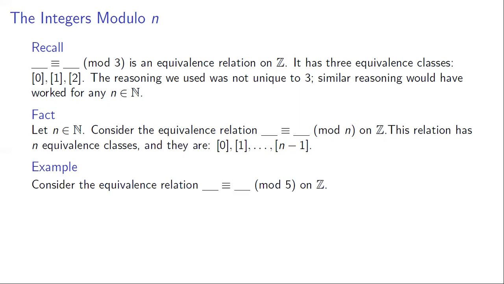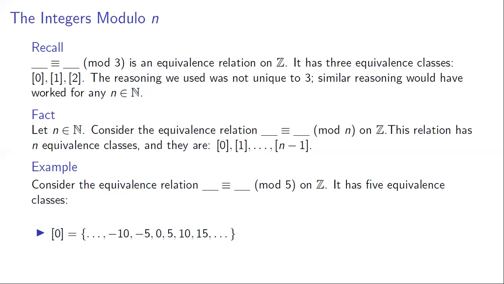So for example, consider the equivalence relation of congruence mod 5 on the set of integers. According to this fact, it has 5 equivalence classes, and they are the following. So first we have the equivalence class of 0, equivalence class of 1.